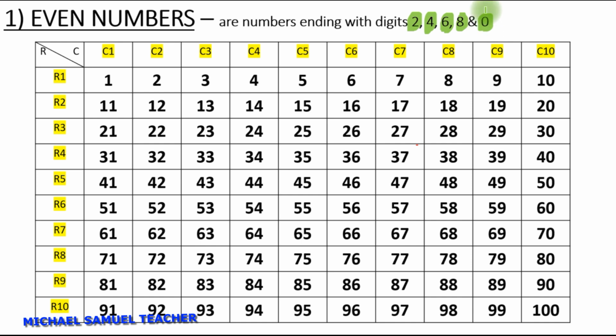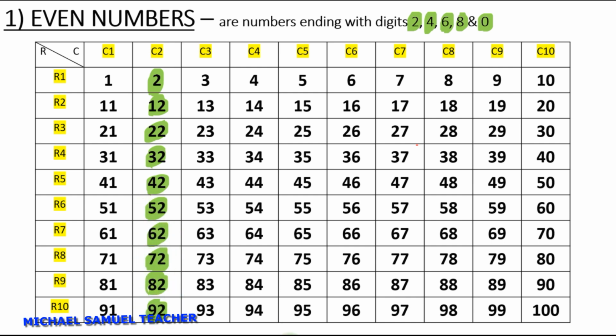So in this table, we shall look at numbers which end with the digit 2. In column 2, we have all of these numbers ending with digit 2. So they are even numbers.